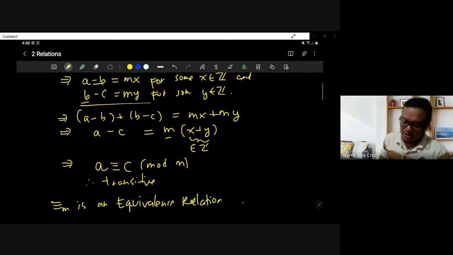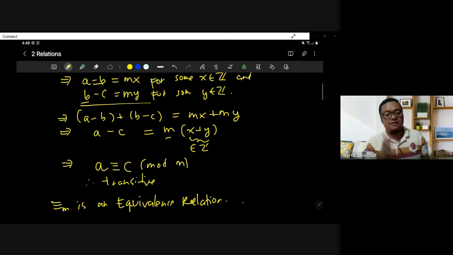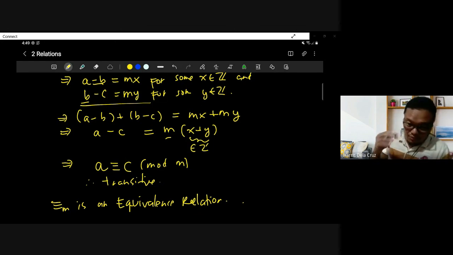At this point, I would like to put emphasis. Tandaan niyong mabuti ang relation na to, kasi most example na i-discuss ko on future discussion of relations will be the congruence modulo relation. Yan yung kauna-unahang napakita nating equivalence relation.